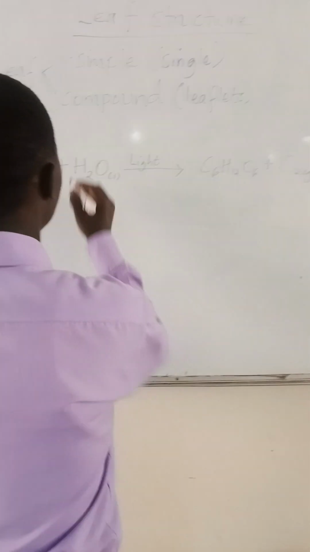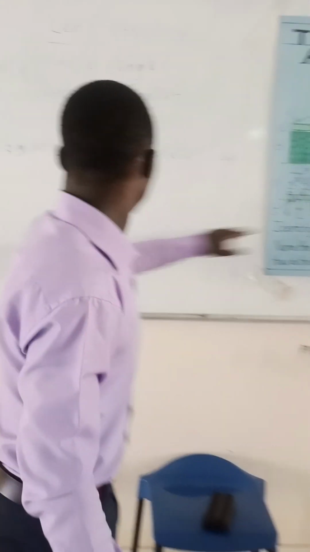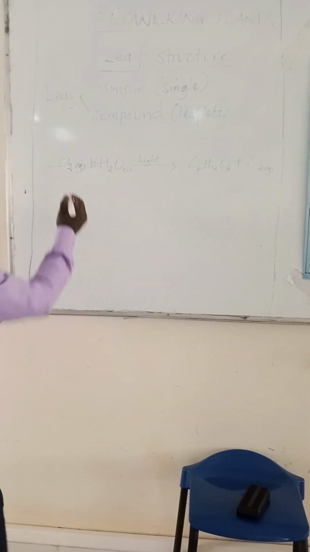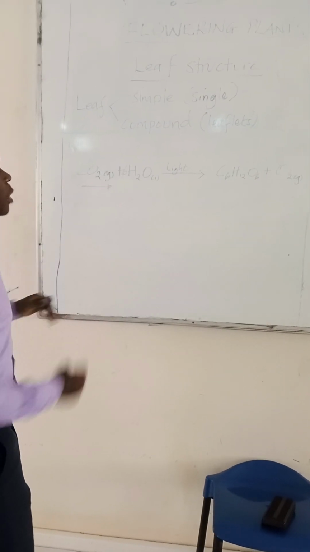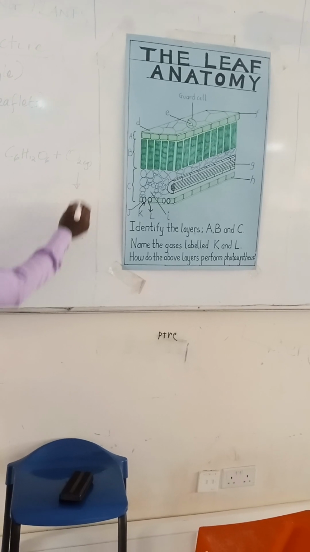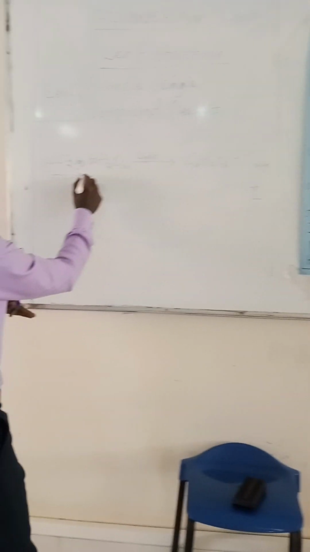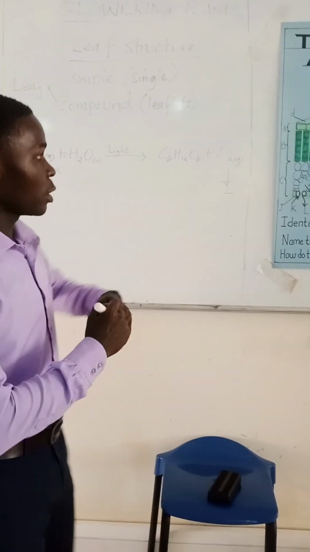So that means this gas which is entering is the carbon dioxide, entering the system, and then oxygen is produced and it's getting out of the system. So this becomes our letter L and this becomes our letter K, as we have seen.